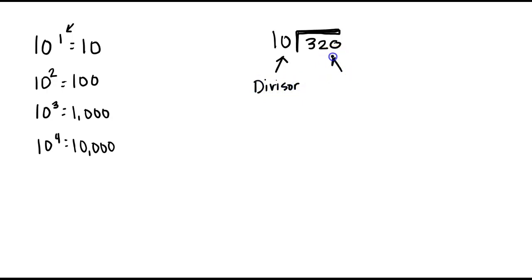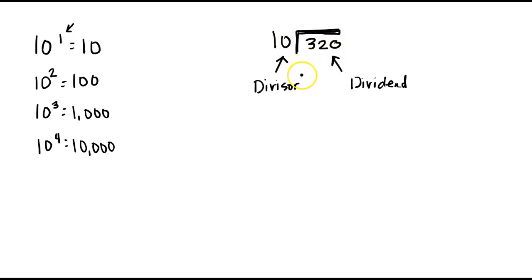The number inside the house is called the dividend. And the way I remember this, it's going to sound kind of silly, but the divisor is at the door, which is here, and the dividend is sitting in the den. So think of a house. You want to see how many times that divisor can go into the dividend. It's important to remember those two terms.